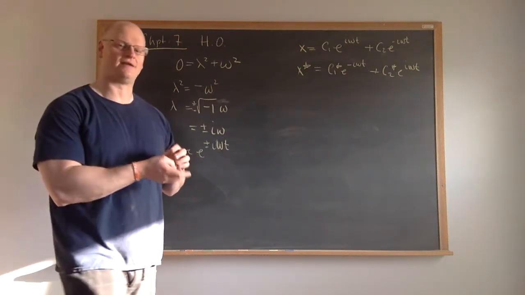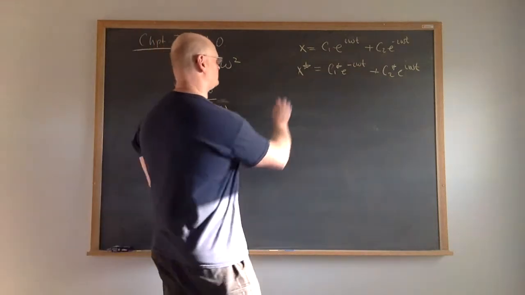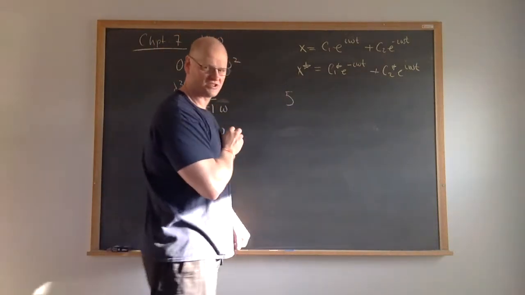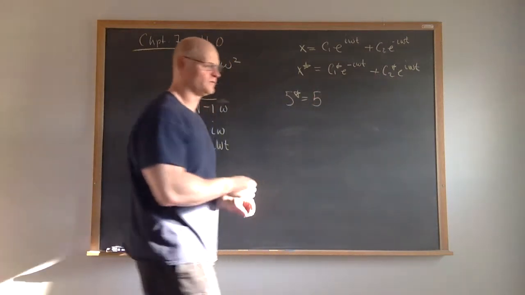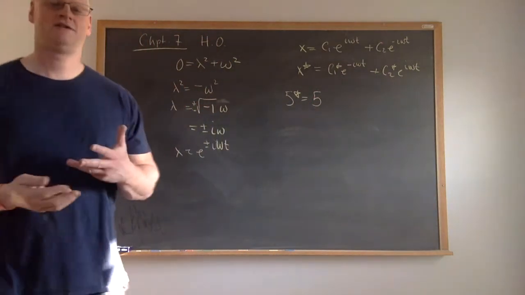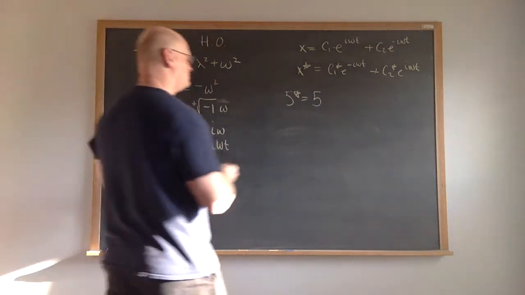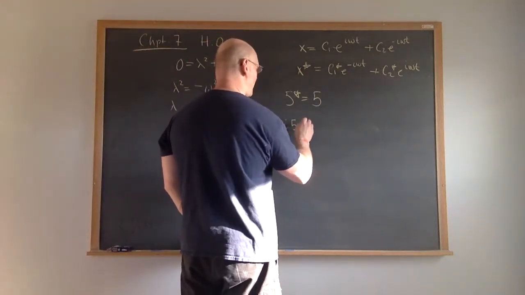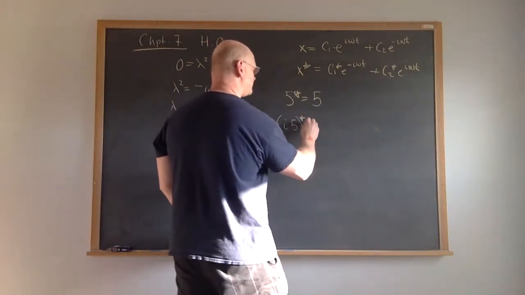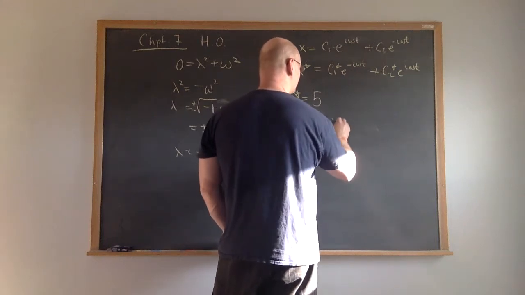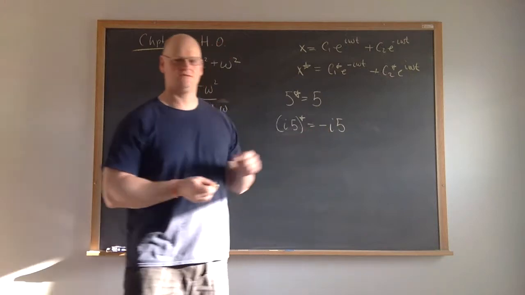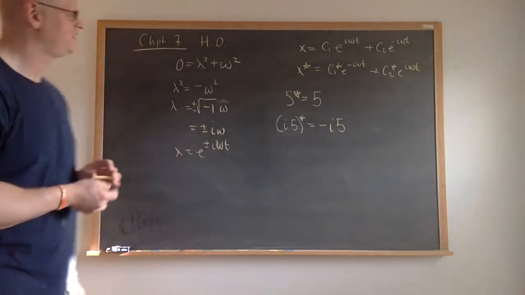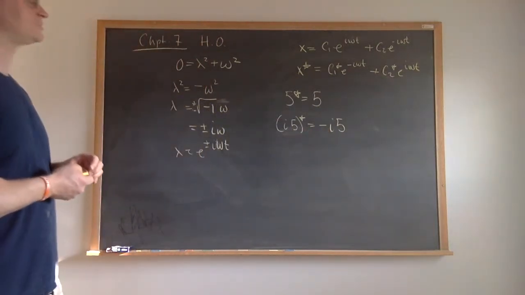For example, if I took 5, which is just a number, the complex conjugate of 5 is simply 5 because 5 is a real variable. But if I had i times 5, then the complex conjugate of i times 5 is equal to negative i times 5. So the complex conjugate simply negates whatever the imaginary term happens to be.